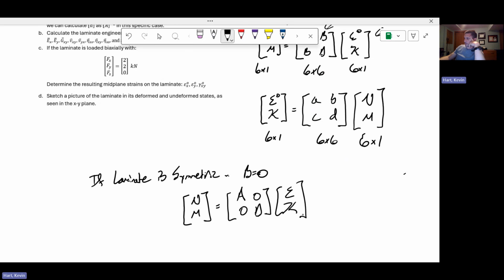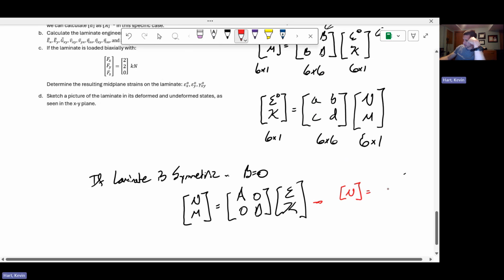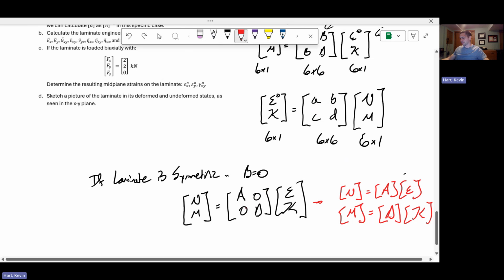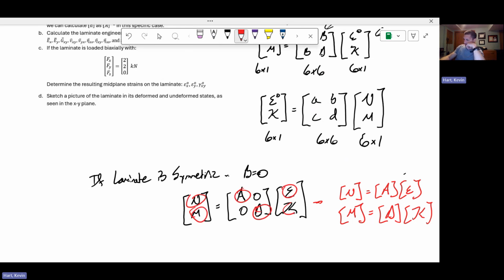So when the B matrix is 0, you start to see something that looks like this. When you do your traditional matrix multiplication, this actually just pans out into two individual equations that are decoupled. If these are 0, then with traditional matrix multiplication, N is just A times epsilon, and M is just D times kappa.